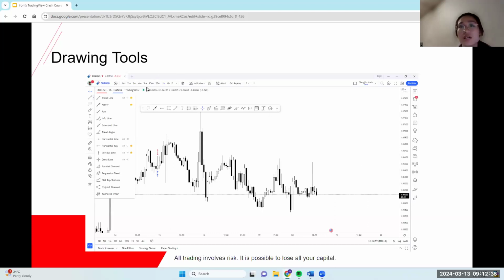You can see the different trend lines, trend channels. Trend channel would be your parallel channels. There's also the vertical lines, horizontal rays for your support and resistance levels. Those are the functions that we use most of the time.